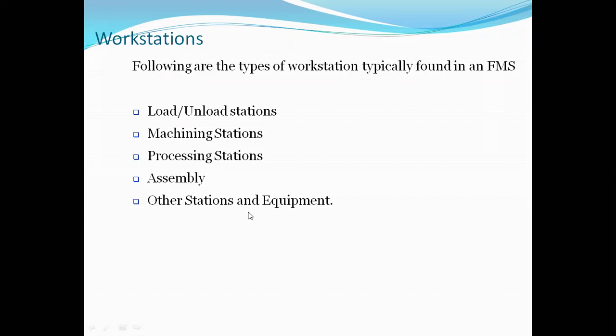And other stations and equipment, you may call some other storage stations, or you can call some non-processing stations like your inspection, where the coordinate measuring machines will be there. Okay, some testing stations. So all those things will also be there. So these are the basic types of workstations in an industry.